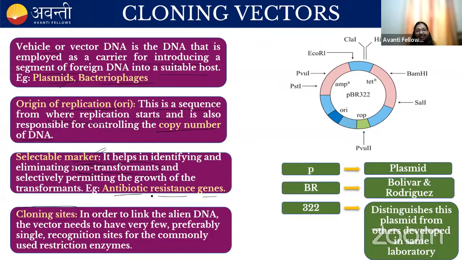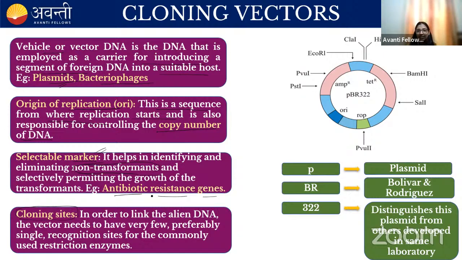Each vector has a cloning site, the site where the restriction enzyme will cut. And remember, a good vector is one which has restriction sites for a variety of enzymes.